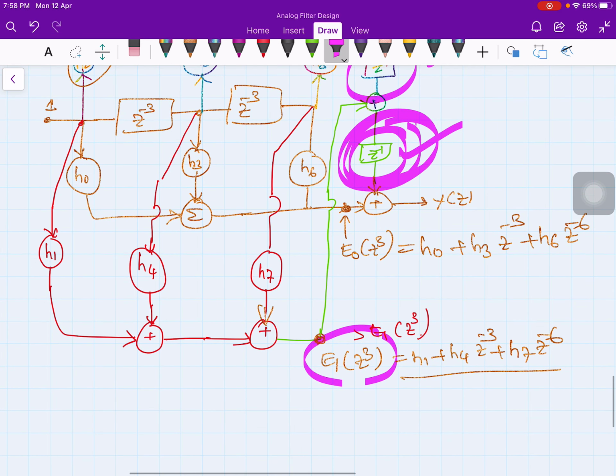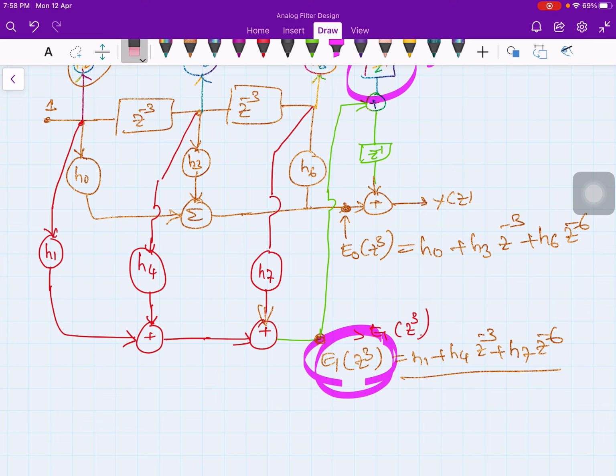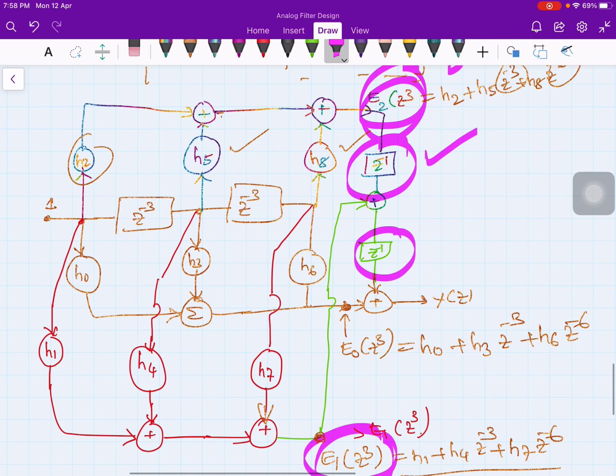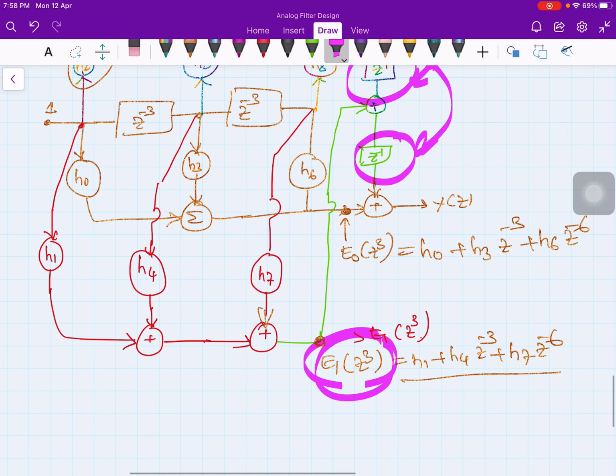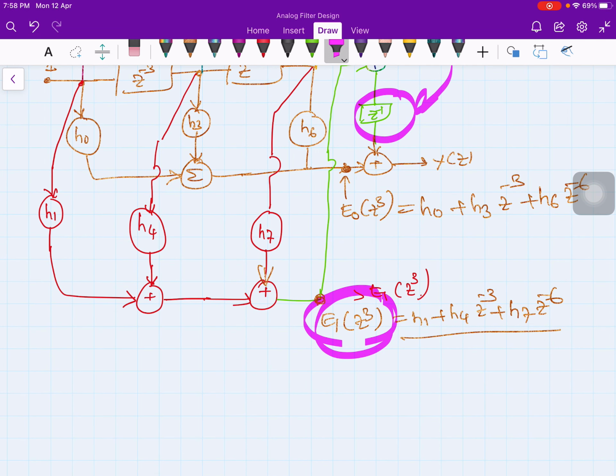Therefore I made sure that e1 of z cubed is multiplied by this delay z inverse, and e2 of z cubed, this one, is multiplied by this delay and this delay to give the output, which is h of z. So this is a trick that one can apply to make the structures still canonic.